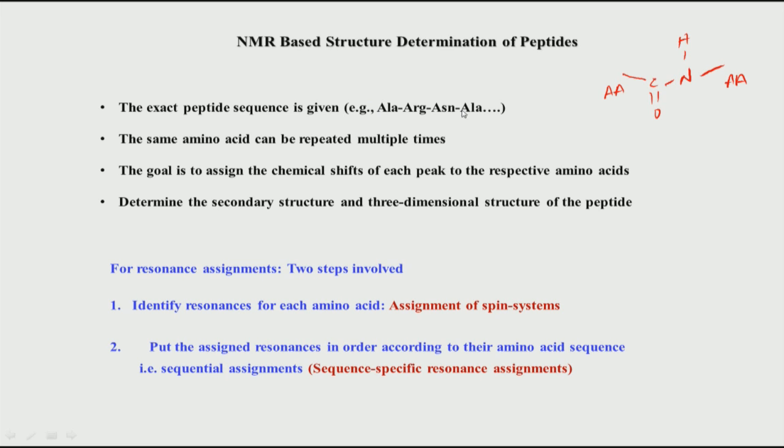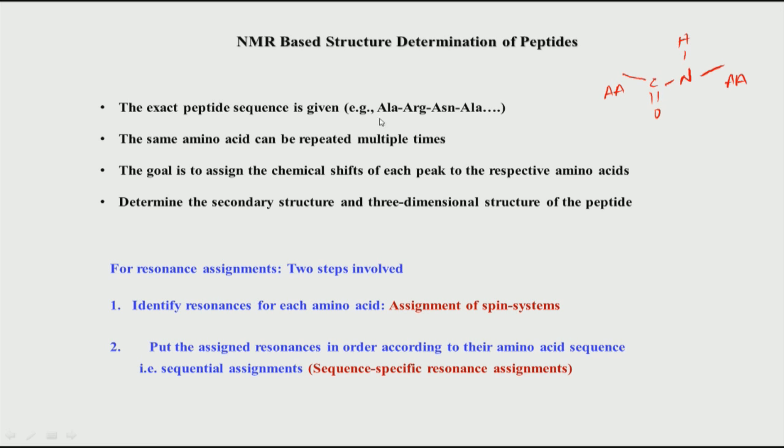And that is not easy by just looking at the spin system, because the spin system as such does not tell you anything about its location in the sequence. It only tells you there is an alanine present, or there are 2 alanines in your peptide. It does not tell you which alanine spin system comes last, or in this case the fourth, or which spin system comes here.